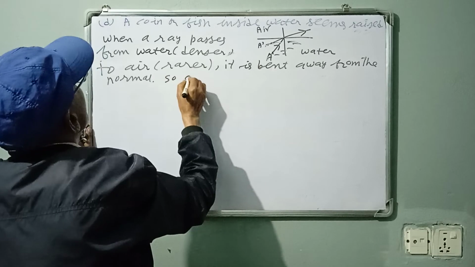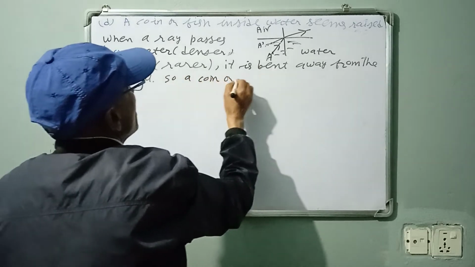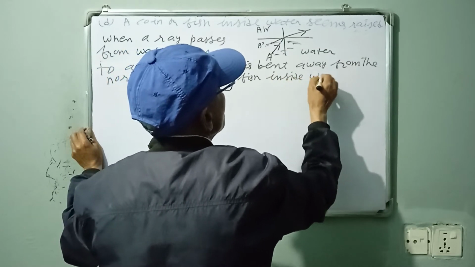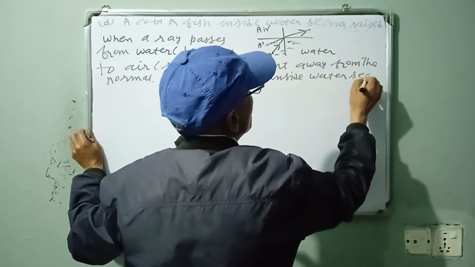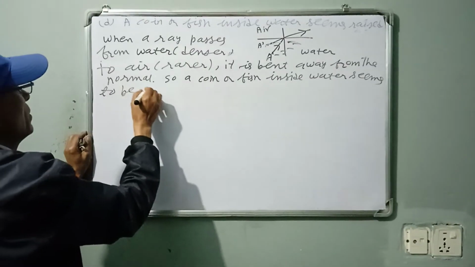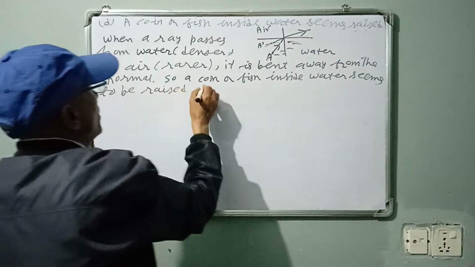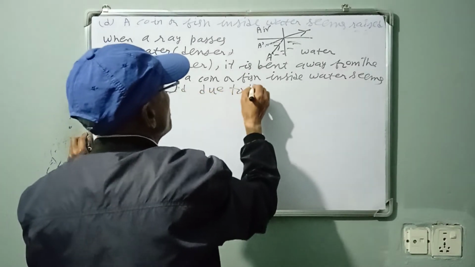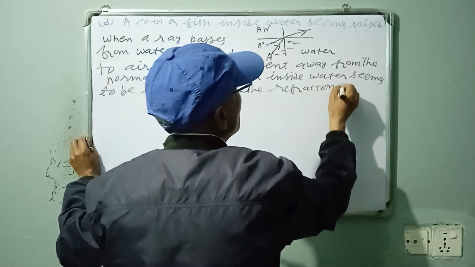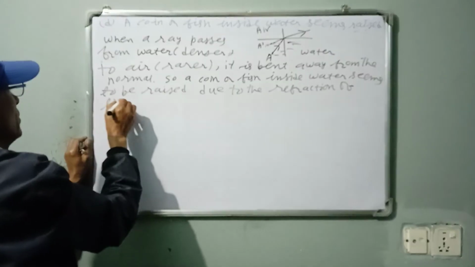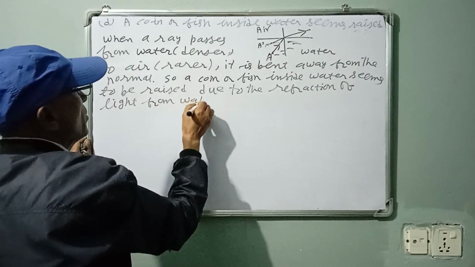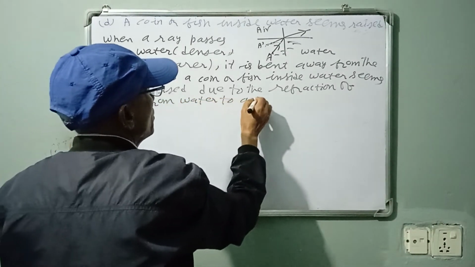So, a coin or fish inside water seems to be raised. The answer is due to the refraction of light from water to air.